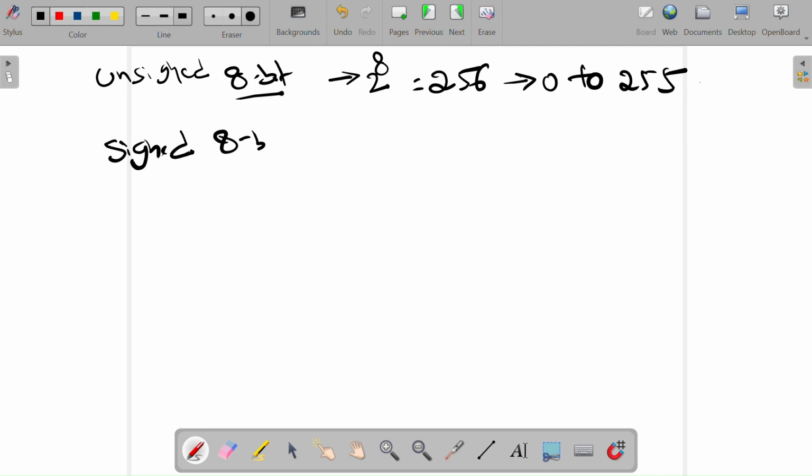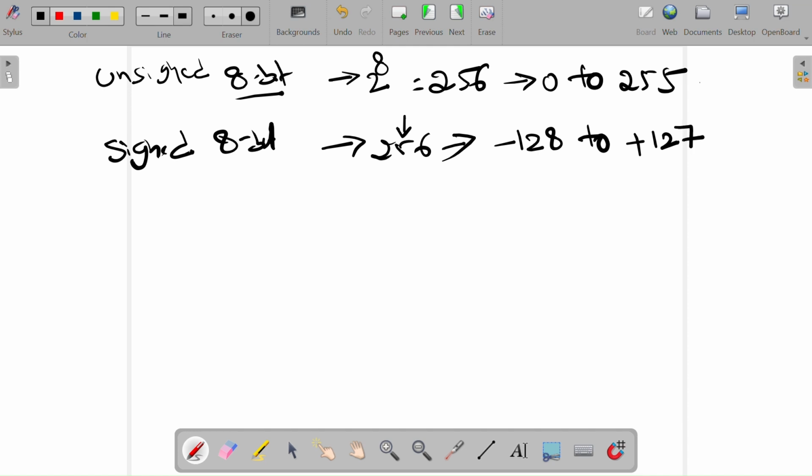The total count is also 256, but the actual range is minus 128 to plus 127.